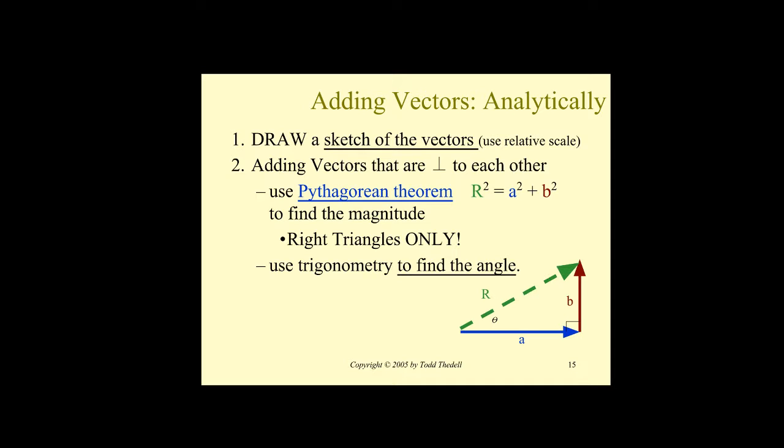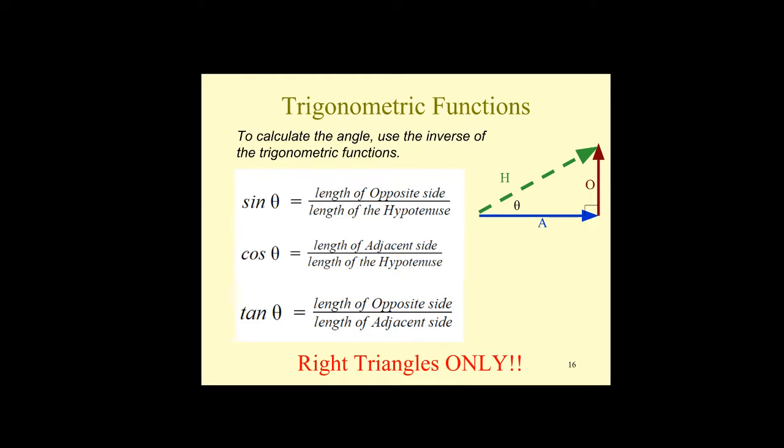So we find the magnitude using the Pythagorean theorem. We find the angle using trigonometry. So we'll review that before going on. The trigonometric functions, as you recall from math class, are used to calculate the angles, but we're actually going to use the inverse of the trigonometric functions.